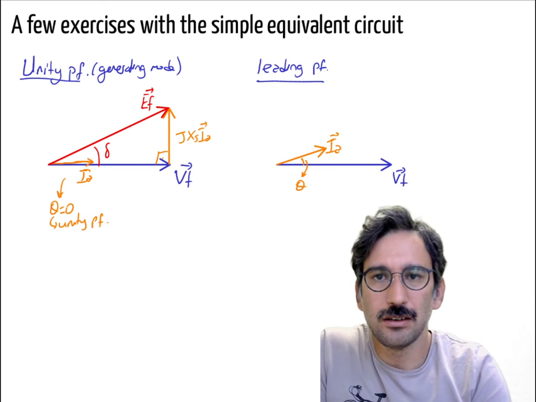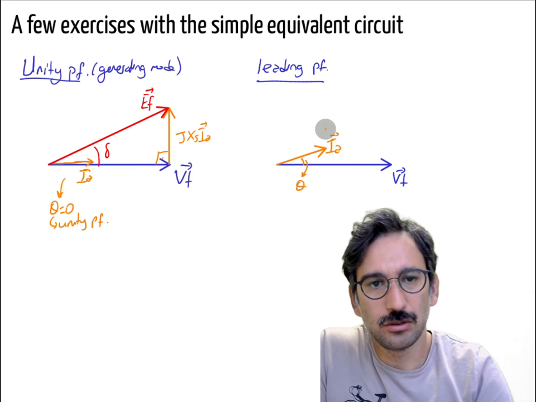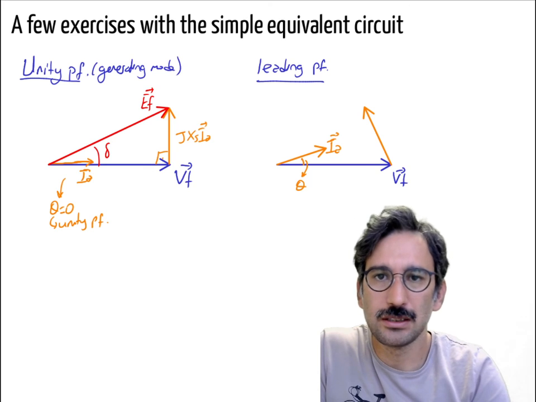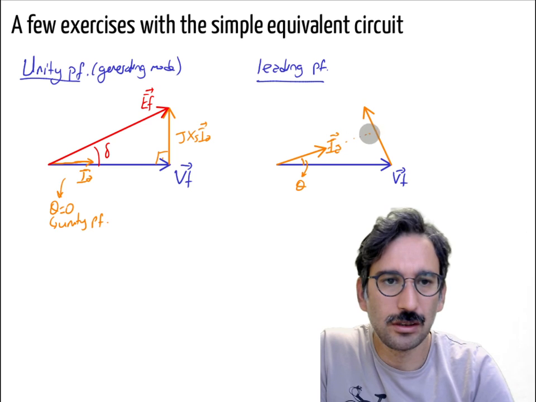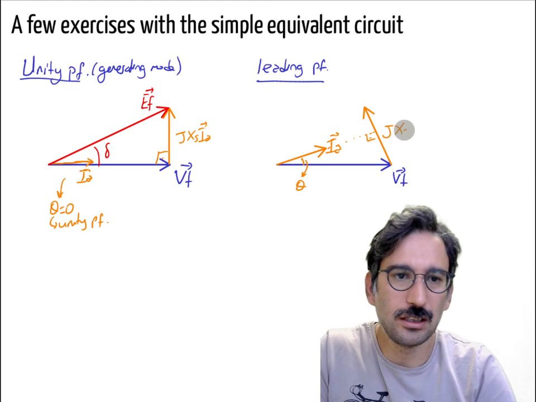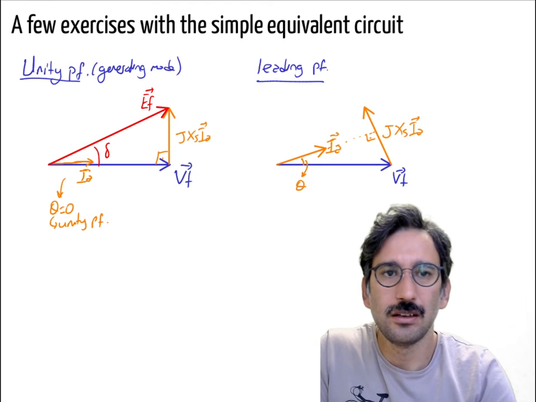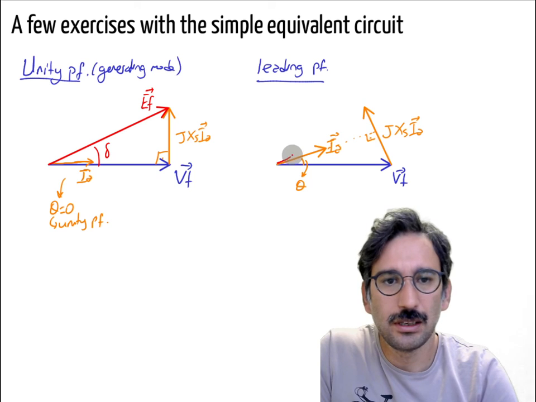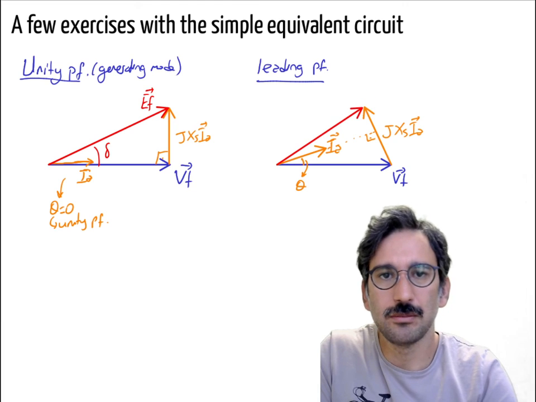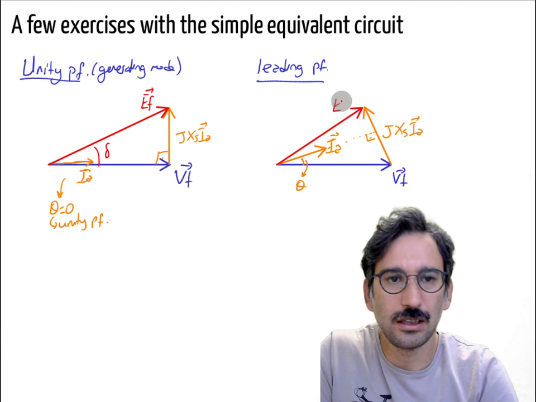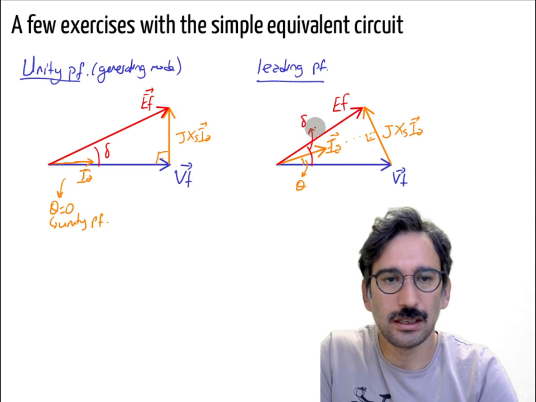Again I need to multiply it by 90 degrees, it will be something like that. So that will be 90, so that is j Xs IA, right? Then that will be your straight line here, that will be your EF, and that is your load angle.